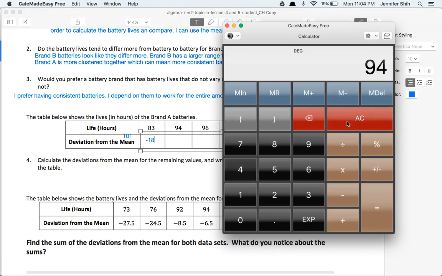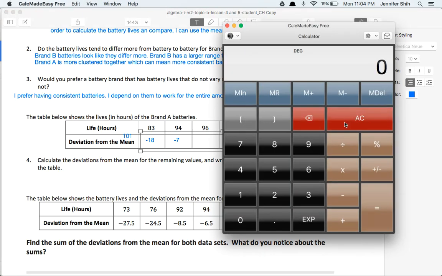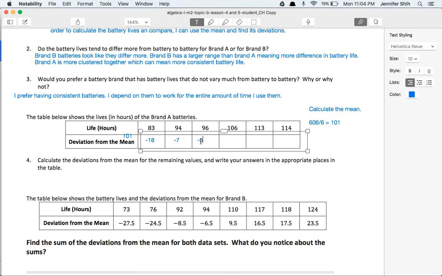Same thing, 94 minus 101 gives us negative 7. 96 minus 101 gives us negative 5. 106 minus 101, I can do that in my head. 113 minus 101, remember I'm subtracting the mean. This is 12. And this is going to be plus 13.